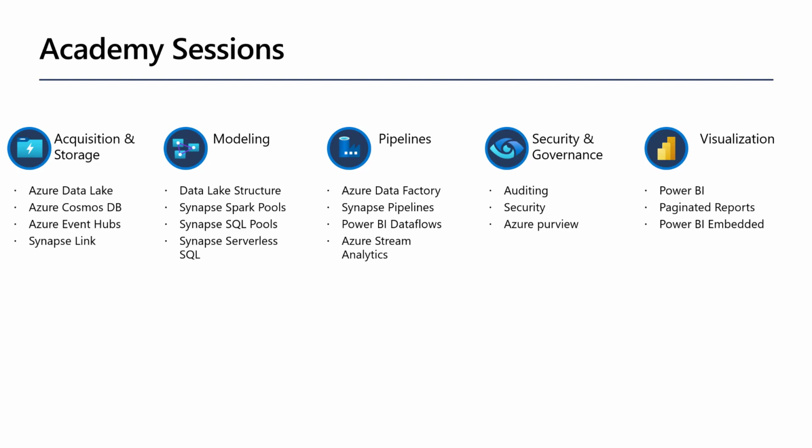And then finally, in data visualization, this is all about reporting. So how do the downstream users of the data connect to and consume that data and get timely business value out of that data?